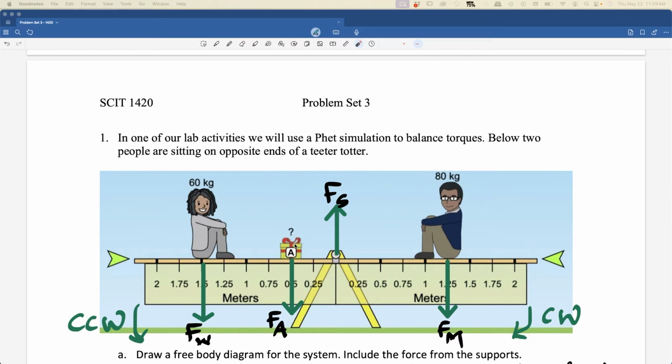The third force on the right side is the weight of the man, F sub M. And finally, the only upward force is the force at the support, acting up. It's called the reaction, or the normal reaction, because it's perpendicular at the support. So those are the 4 forces.